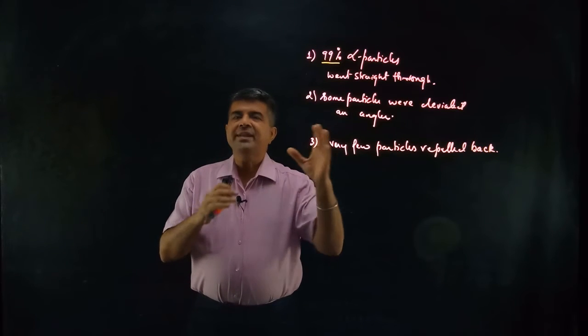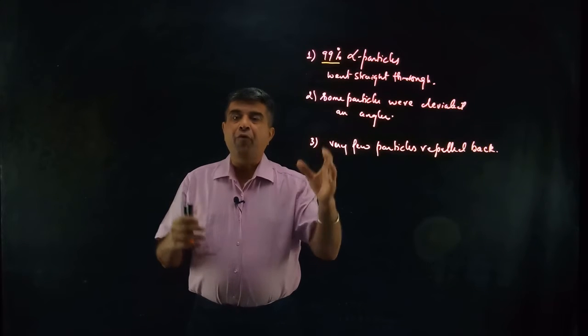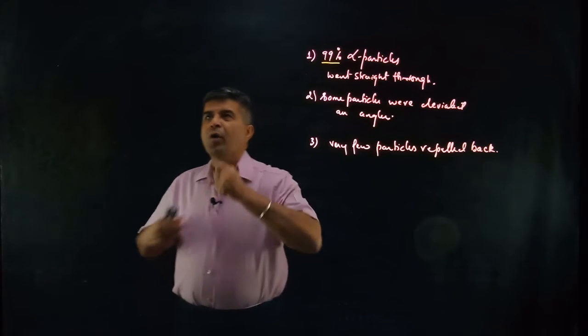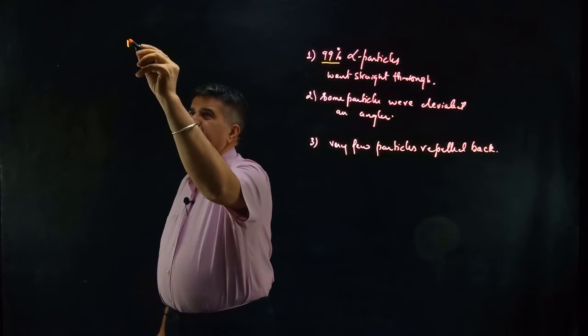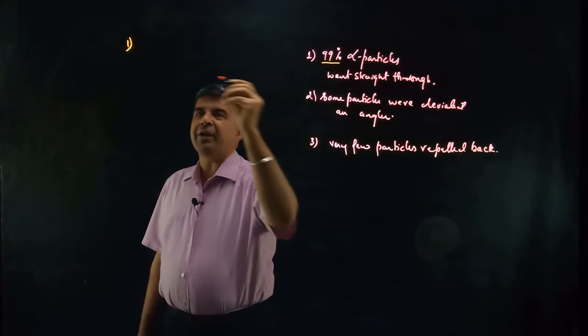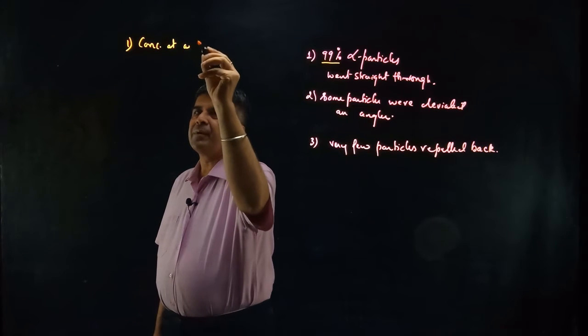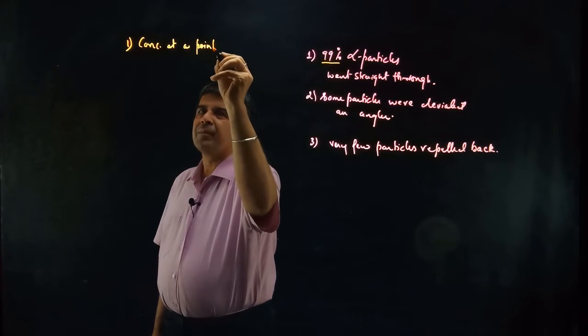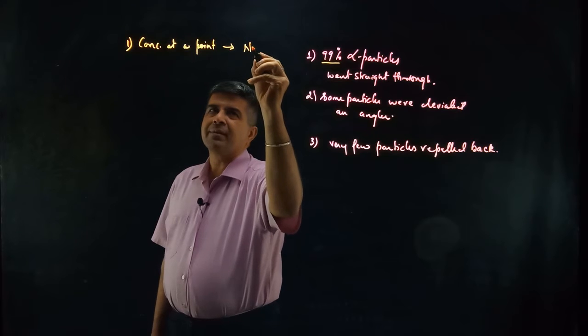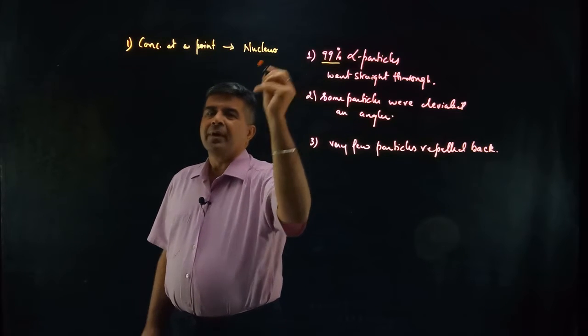Based on these experimental results, Rutherford concluded that all positive charge was not distributed over the sphere, but was concentrated at a point he termed the nucleus.